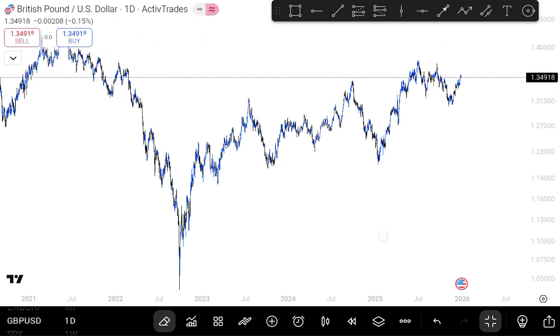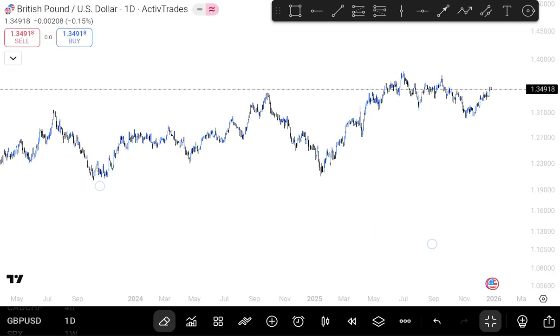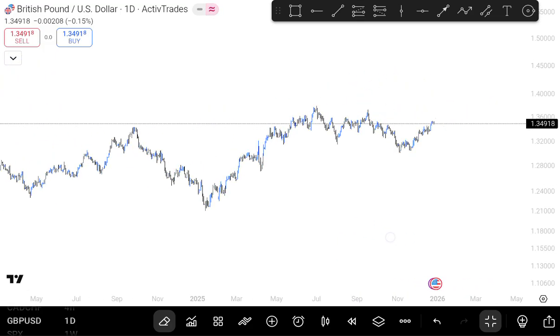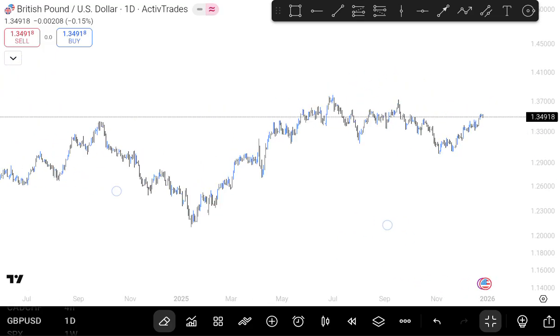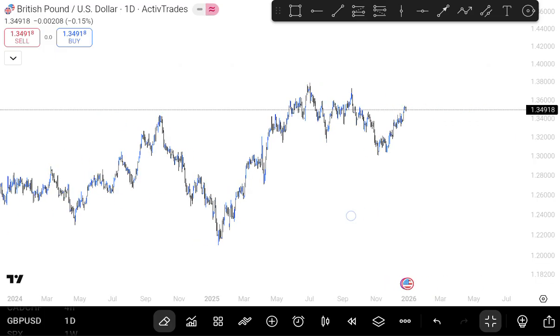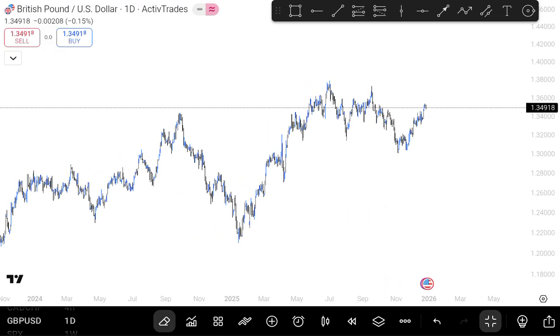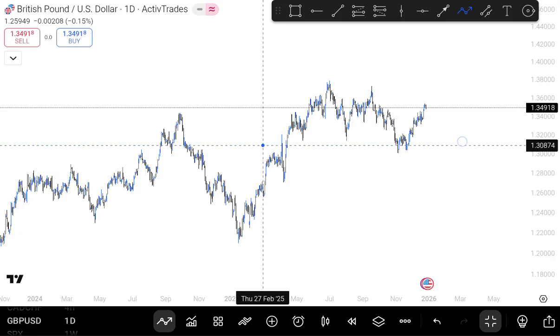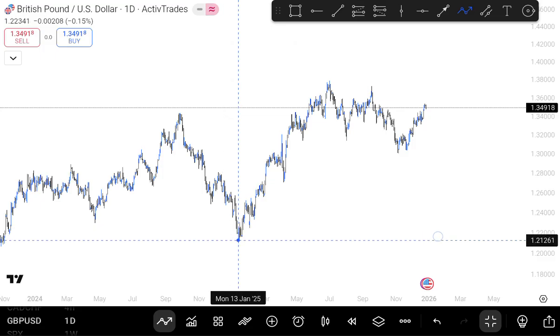To bring out the types of market structure on the real chart, we can make use of our direction line, whether it is an uptrend, a trending market, or a ranging market. You can see the way I'm drawing it.